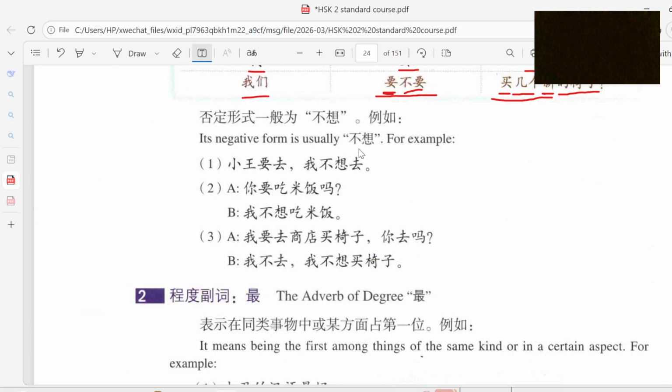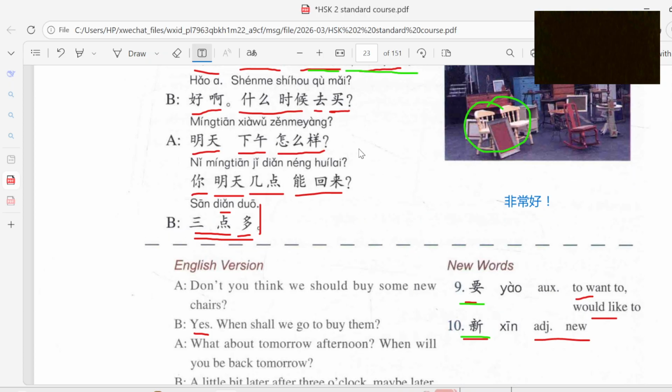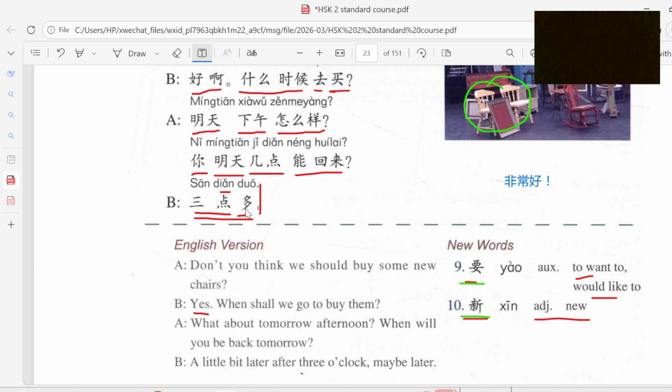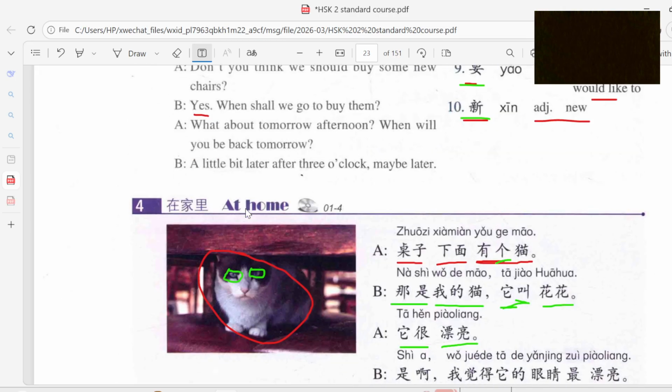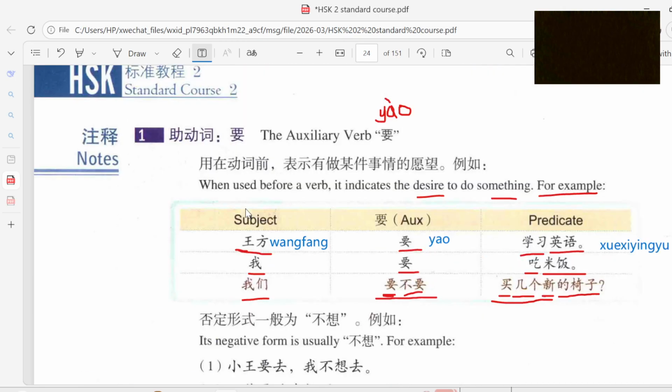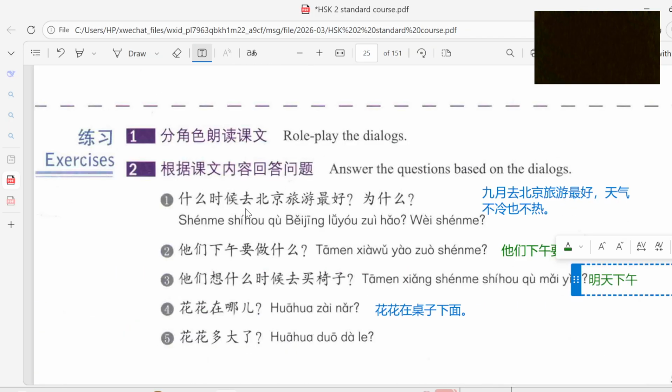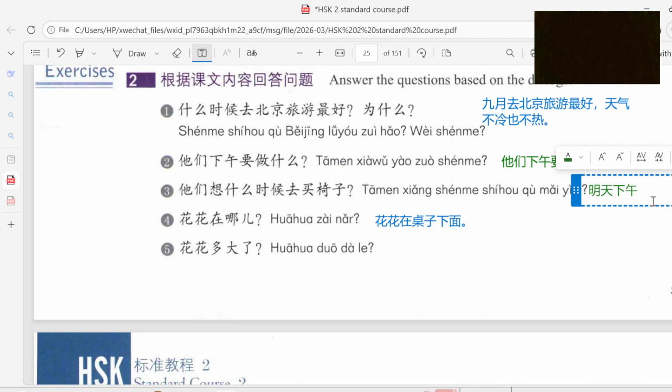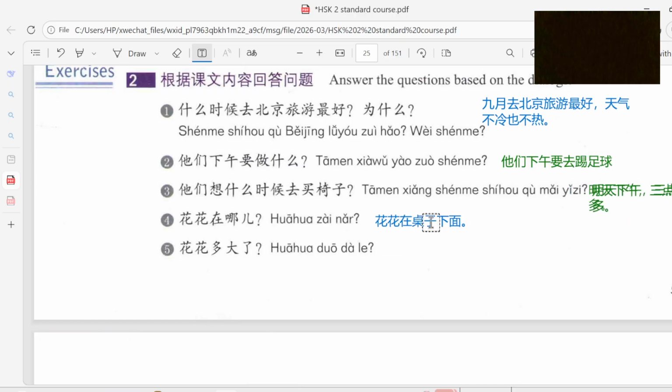Tomorrow afternoon, what time? 3点多。明天下午怎么样？你明天几点能回来？3点多。Okay. So if you just say 明天下午, you can add 3点多 because that's when it's coming back.